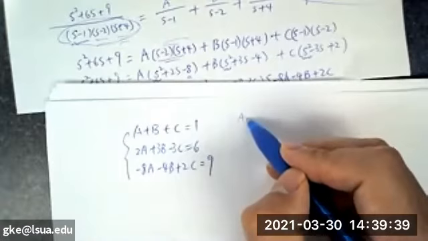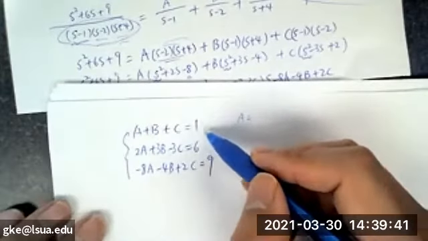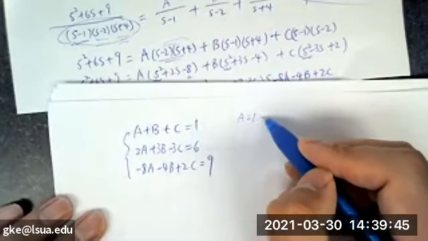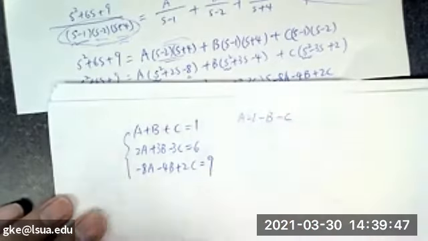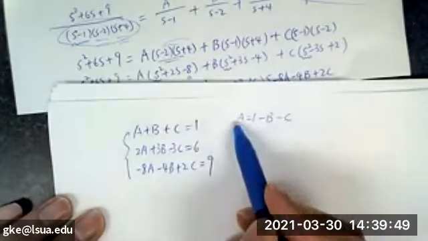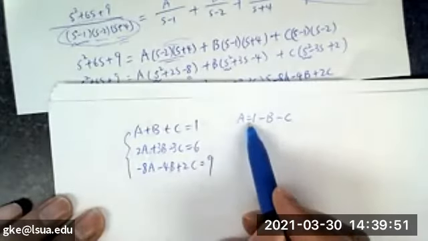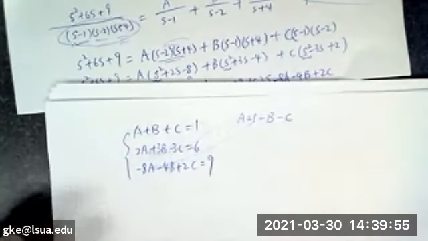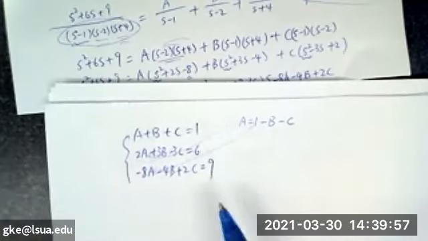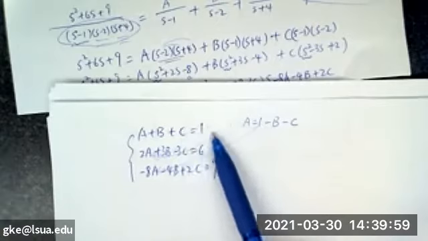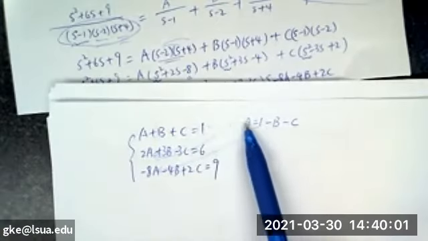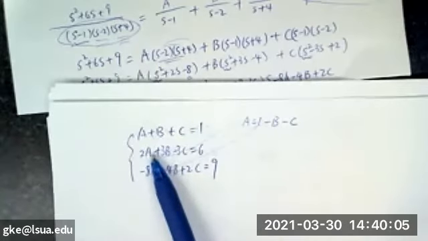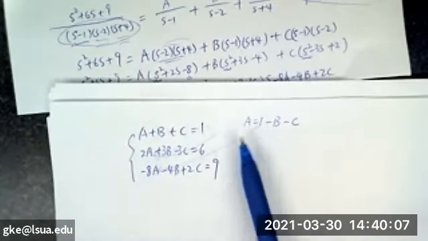Let a equal, from the first equation, a equals 1 minus b minus c, right? And then plug in a to here and plug in a to here.